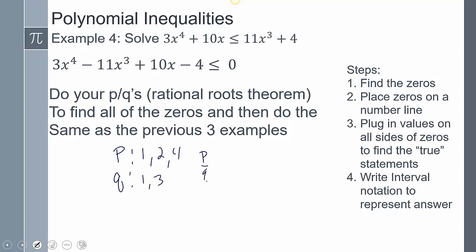So my p's over q's are going to be all the combinations: 1 over 1, 1 over 3, 2 over 1, 2 over 3, 4 over 1, and 4 over 3. And these are all plus or minus. But you'd have to test those zeros, see which one works, and you'd be factoring and breaking it down using the rational roots theorem. But all these other steps apply.